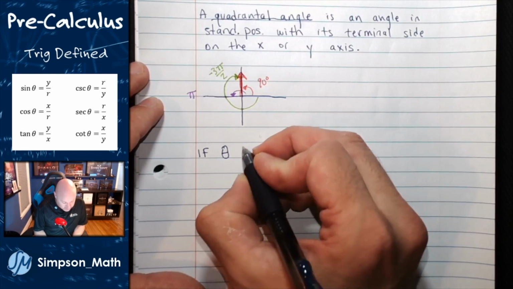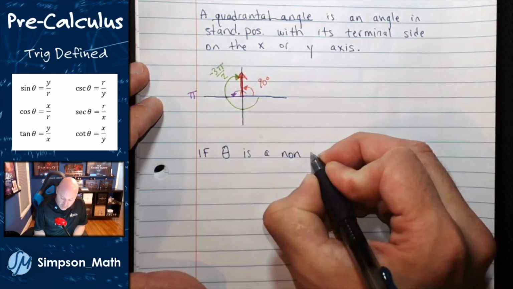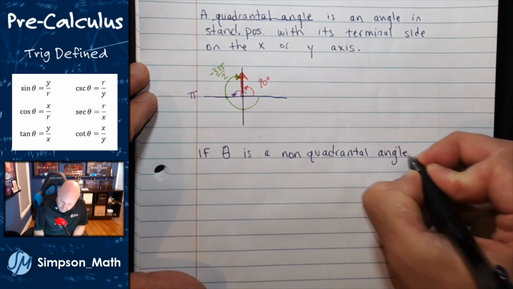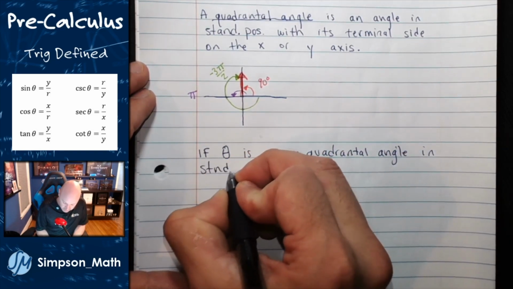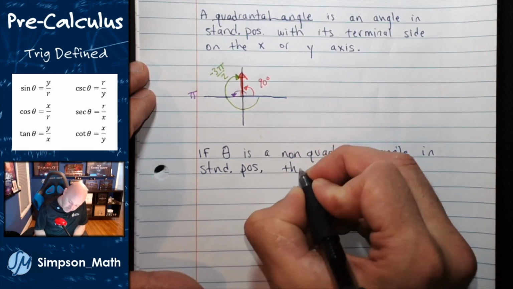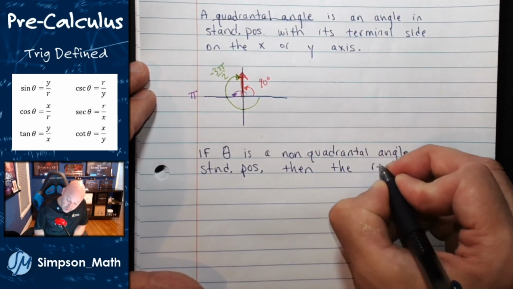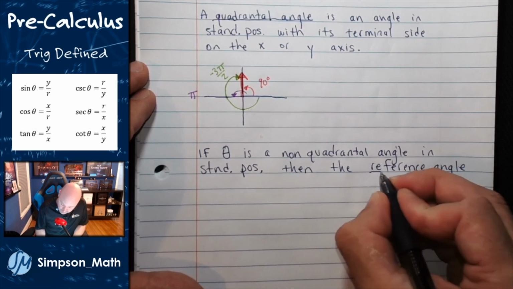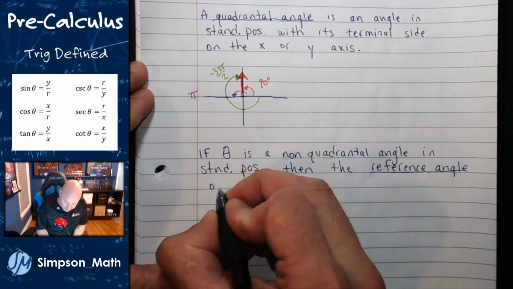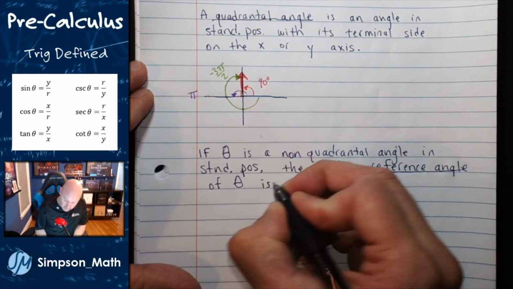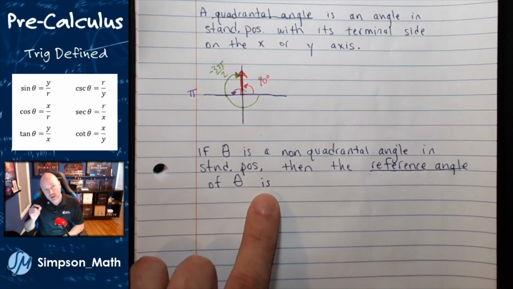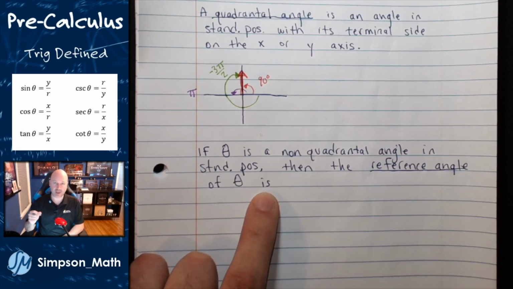Let's write down the definition real quick. If theta is a non-quadrantal angle in standard position, then the reference angle of that angle is going to be defined as the angle that goes from the terminal side to the x-axis, and it's the positive or the shorter angle.